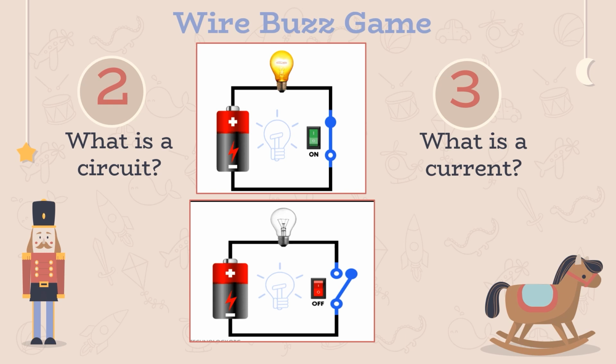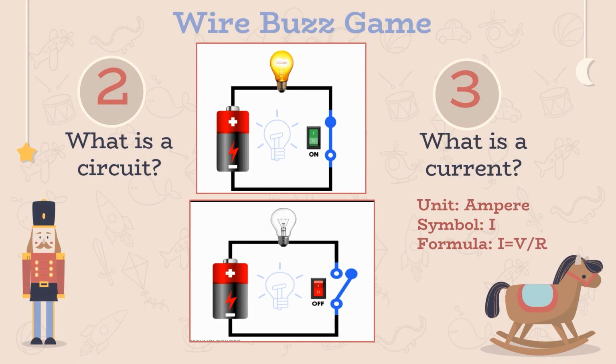That is, the current from the battery flows till the bulb, which makes the bulb glow. On the other hand, if we put off the switch, the flow of the current in the circuit stops. That is, the current from the battery does not flow. It does not reach the bulb, so the bulb cannot glow.